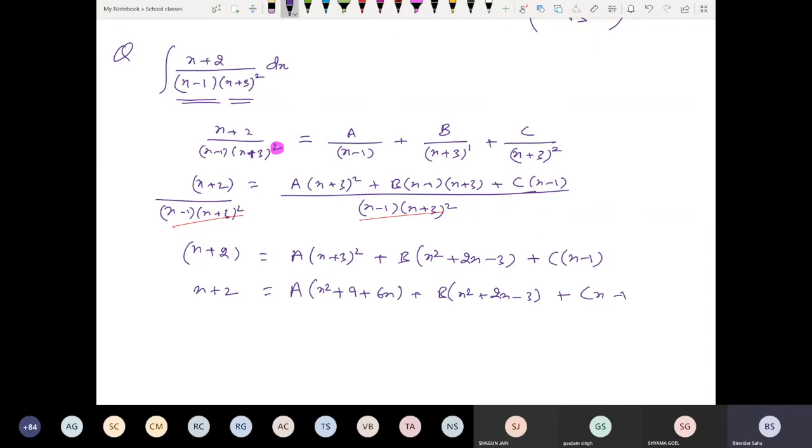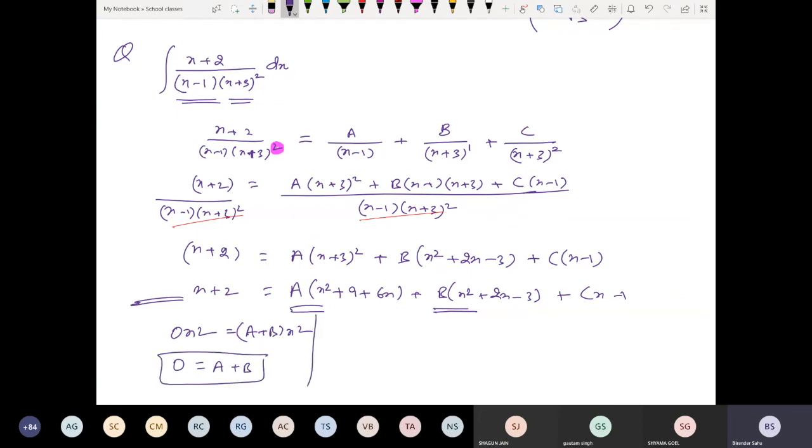If you want to compare the coefficient of x square, see, on both sides the highest power is 2, so we can compare the coefficient of x square, the coefficient of x, and the constant coefficient. Simply comparing the coefficient of x square, this is a x square and b x square, so this is nothing but a plus b times x square. Here there is no such term, so this is 0 x square. So a plus b equals 0.